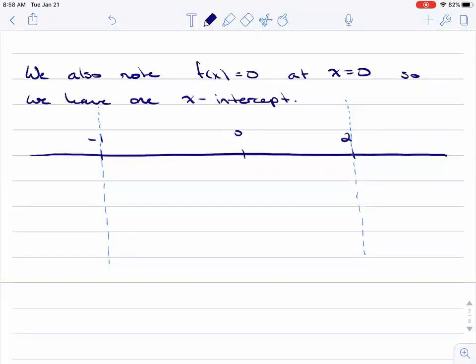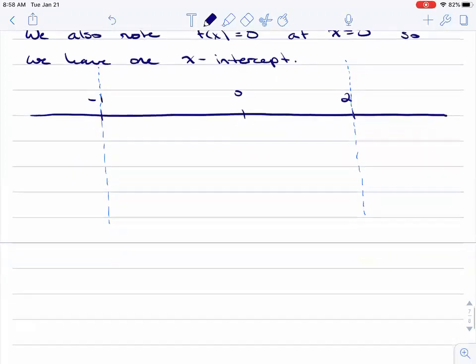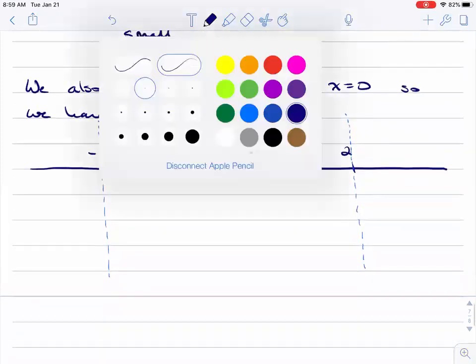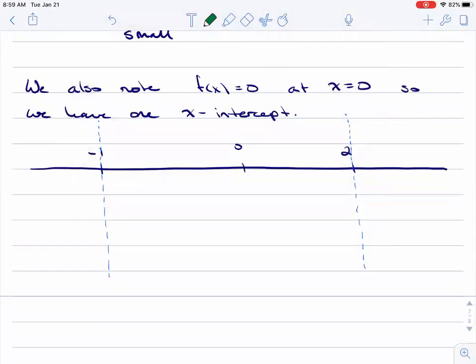I don't know which one, but it's going to switch from being positive to negative at x equals 0. So what I'm going to do is look at the function as 2x over x plus 1 times x minus 2.